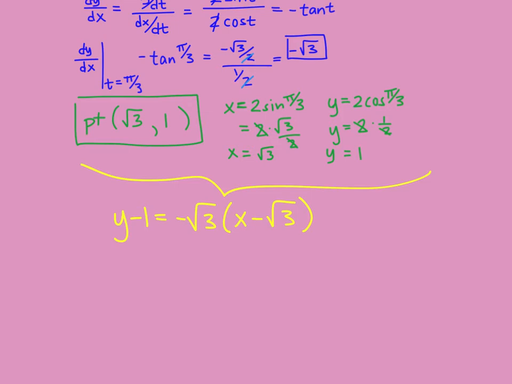If we wanted to write this in slope-intercept form, we can distribute the negative root 3 through, and then when we multiply negative root 3 times negative root 3, it actually ends up being 3. Then when we add 1 to both sides, we end up with negative root 3 times x plus 4.